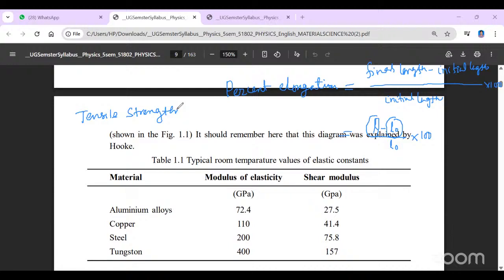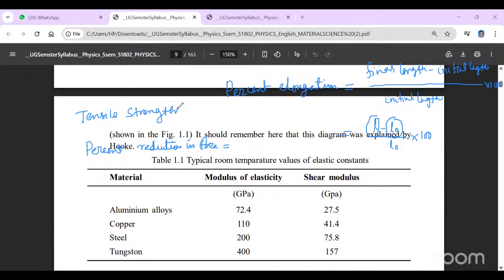Similarly, we can measure this in terms of percentage reduction in area also. Percentage of elongation is measured lengthwise, and similarly we have percent reduction in area, which we measure in terms of area.